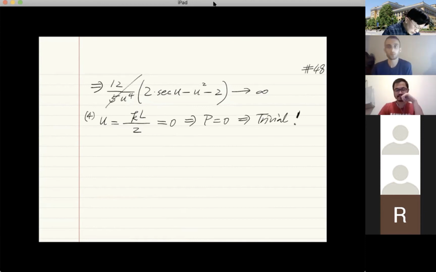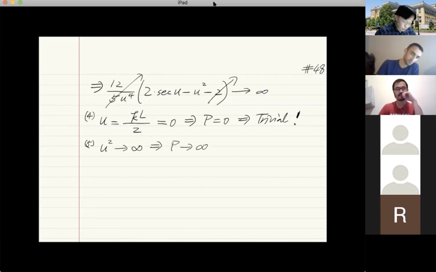No, that means this guy is gone. 2 is a constant, drop it out. It's finite. And U square, can U square be approached to infinity? Well, if U square has to approach infinity, that means P has to approach infinity, right? And that's also trivial.